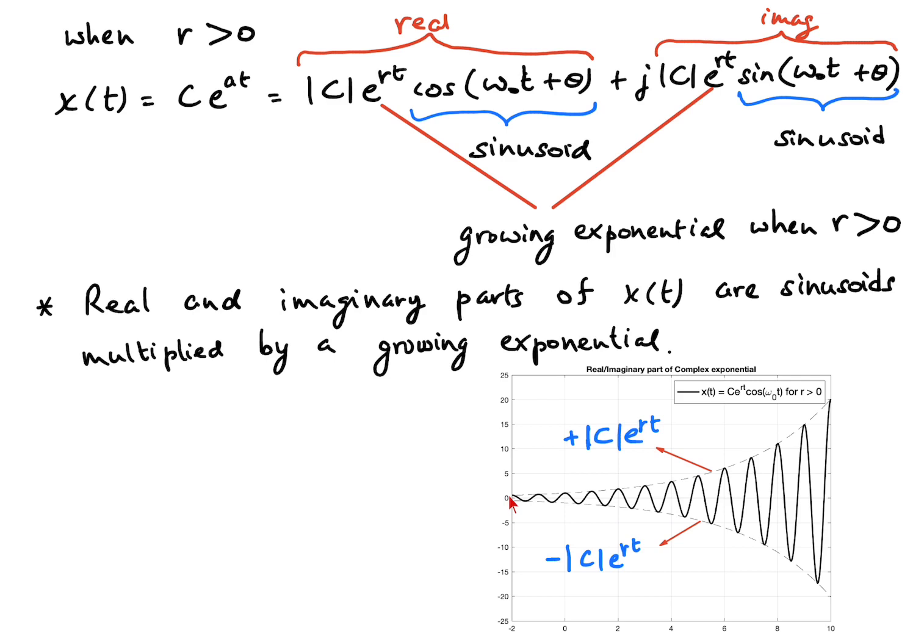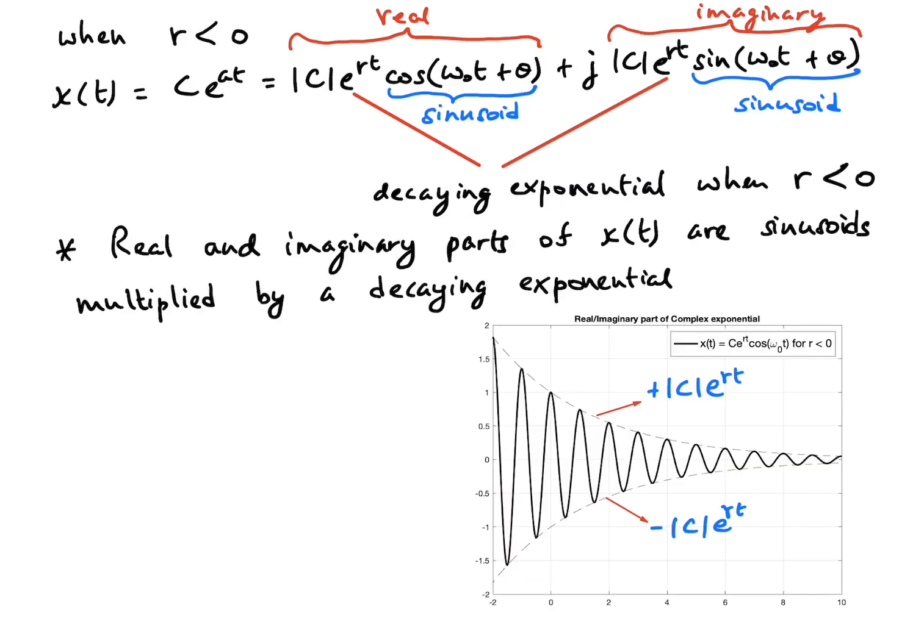Here I have also shown the growing exponential with the cosine term, that is for the real part. Similarly, for the imaginary part, it's going to be the same shape except that it will start from 0 and keep oscillating. And that's exactly what we have for the case when r is less than 0, a decaying exponential, shown here for the real part only, the cosine term.